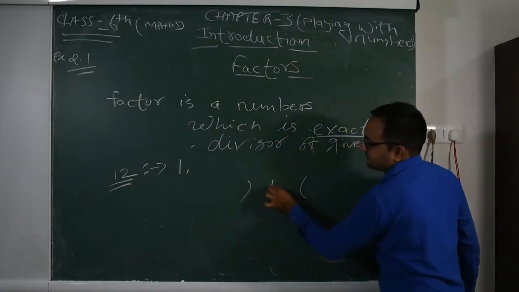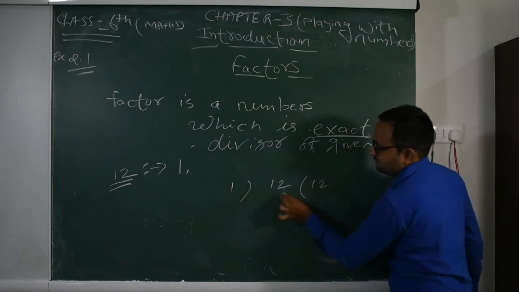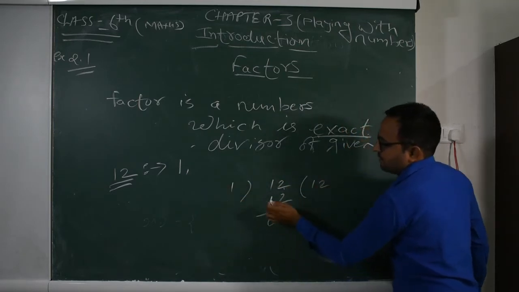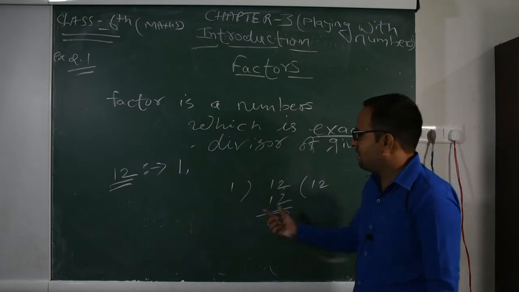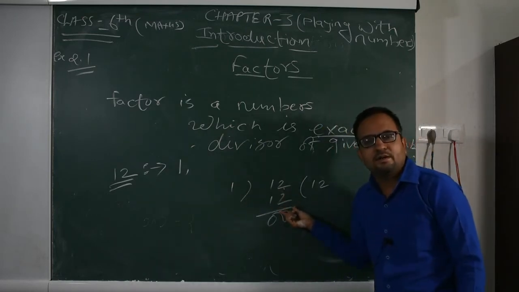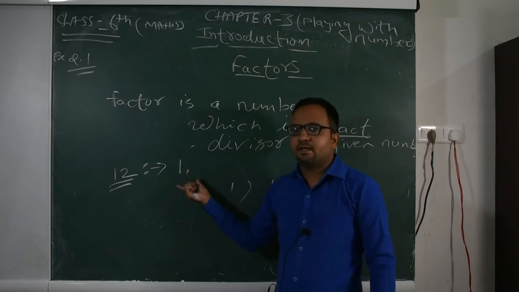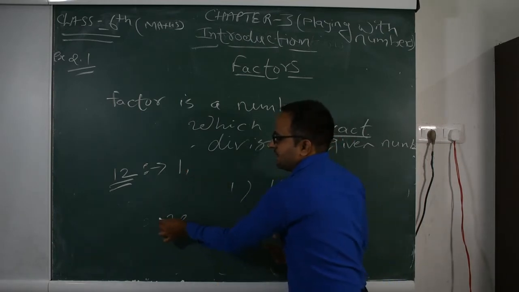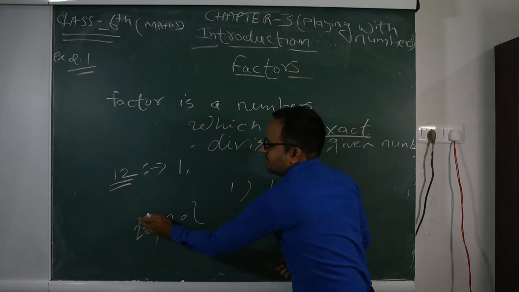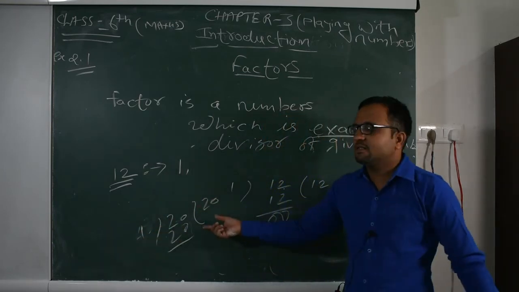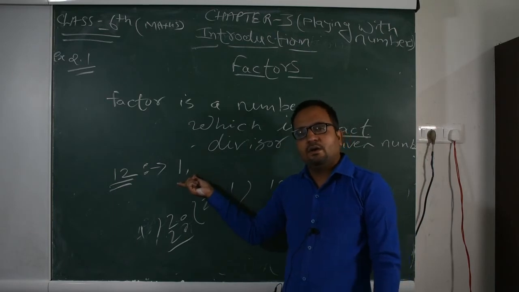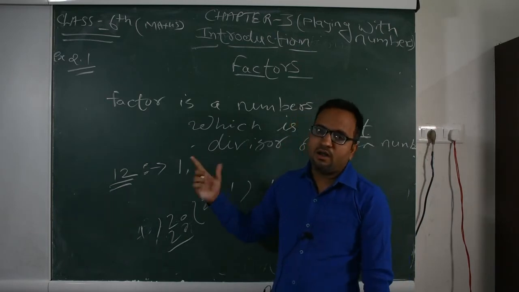That means 1 twelve is 12. So 1 is a factor of all numbers.